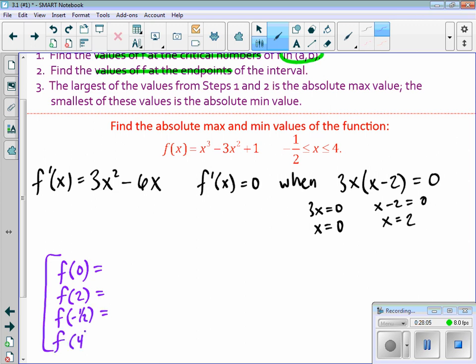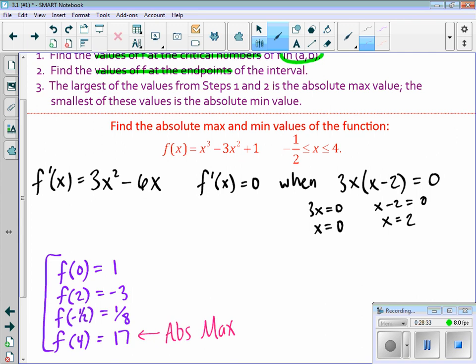Okay, so I'll get f of 0, and you guys can do the other ones there. They're way harder. Okay, so this was just plugging those values in. We found these. Now you just find the largest and the smallest. So looking at these, this is definitely the largest one. So this is the absolute max. And always write if it's absolute or local, okay?